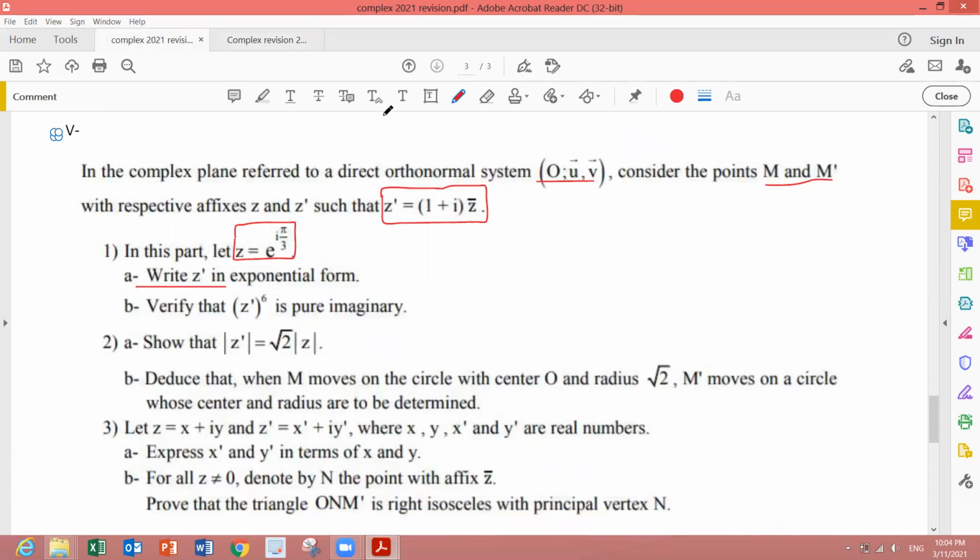Now 2a, show that modulus of Z prime equals radical 2 modulus of Z. So I can use this relation. I use the modulus of Z prime.